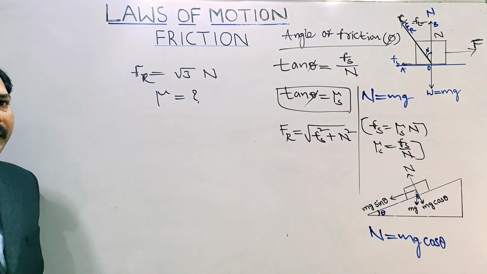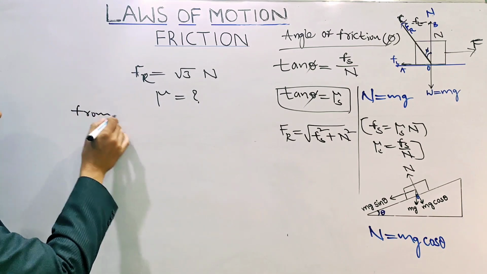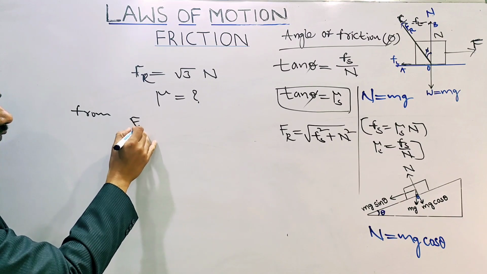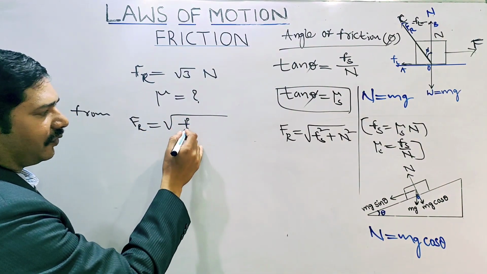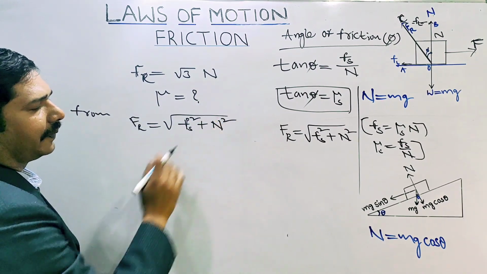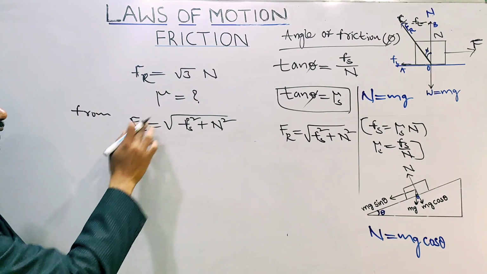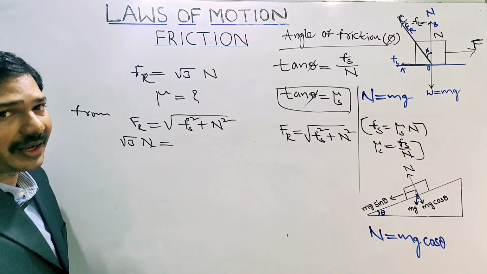We'll take the resultant force formula and substitute. Resultant force Fr equals under root of Fs square plus N square. Fr is given as root 3 times the normal reaction.